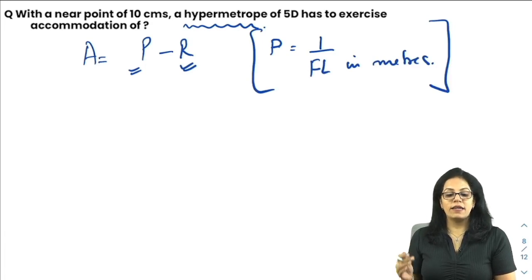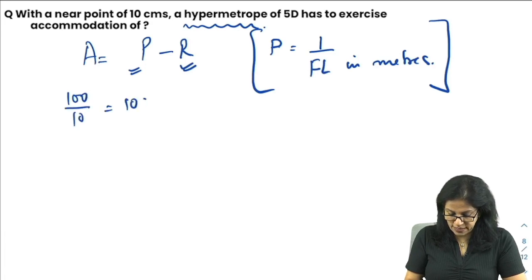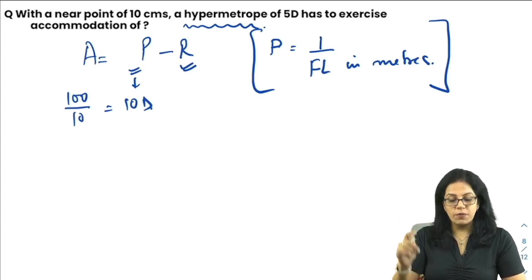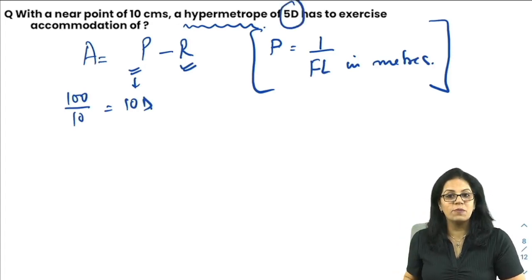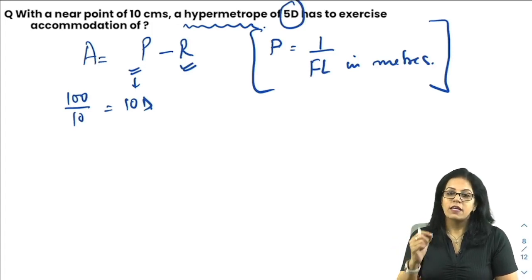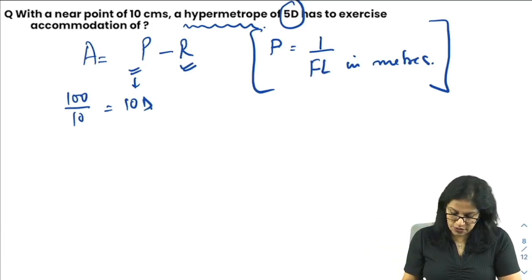So when you say power is inverse of focal length in meters, 10 centimeters will become 100 upon 10, that is equal to 10 diopters. So that is the power at the near point. What about the far point? It is 5 diopters hypermetropia. So when there is a far point of 5 diopters hypermetropia, it's already given the power is 5 diopters. Should I just do 10 minus 5?